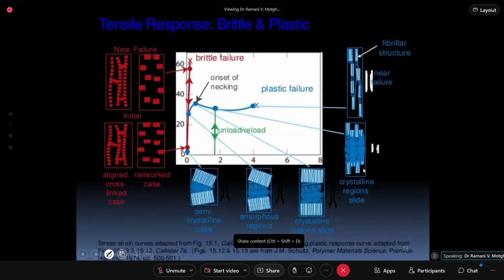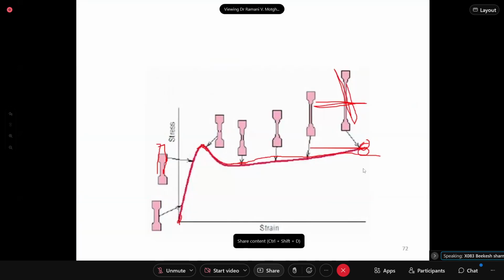Ma'am, if we increase that thinner part, then make it thick, ma'am. If we make it thicker, then... No, I'm not getting you. If we make it thicker, ma'am, from the middle also.